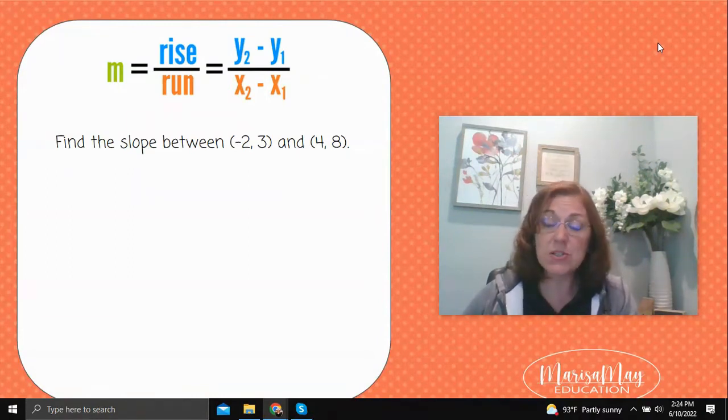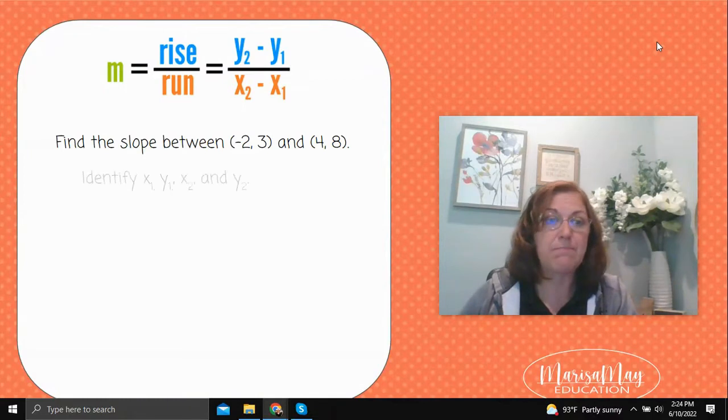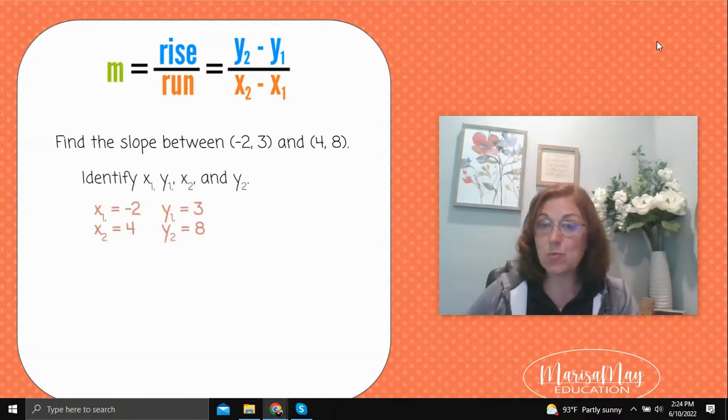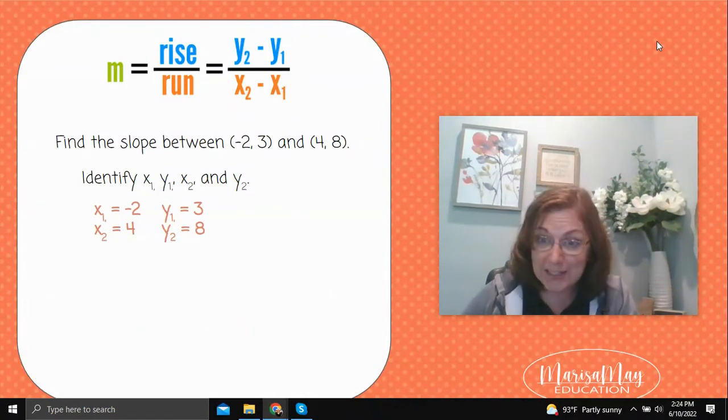It actually comes from these coordinate points that we are given. We're going to first identify that x1 comes from the x coordinate in the first point, and y1 comes from the y coordinate in the first point. So that's where we got the -2 and the 3 part. Then the x2 would be the 4, and the y2 would be the 8 here.